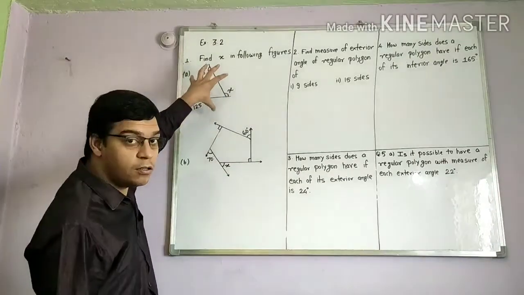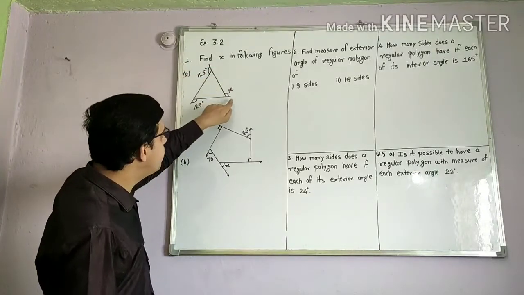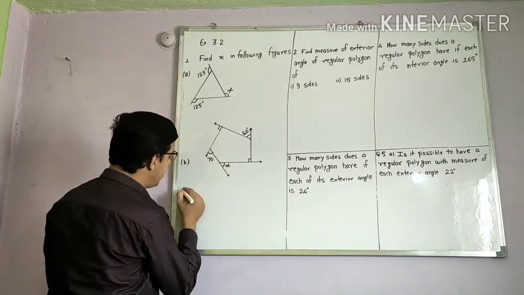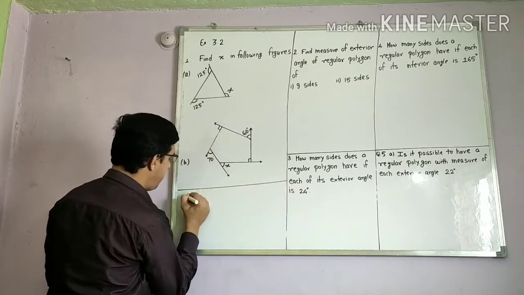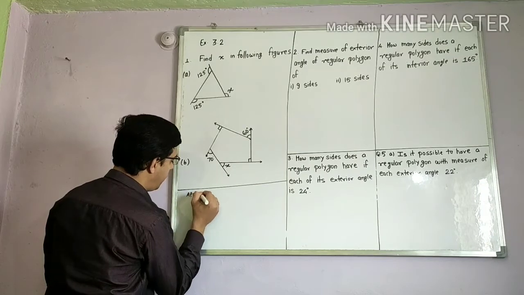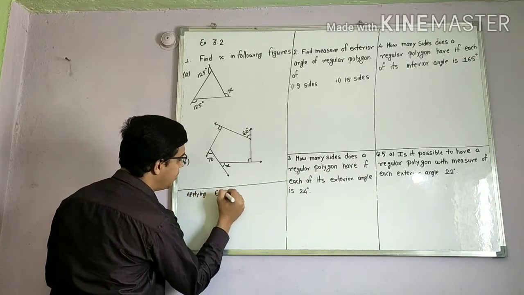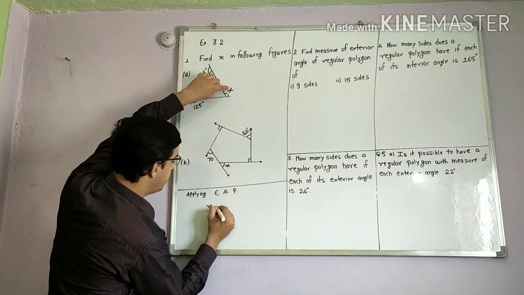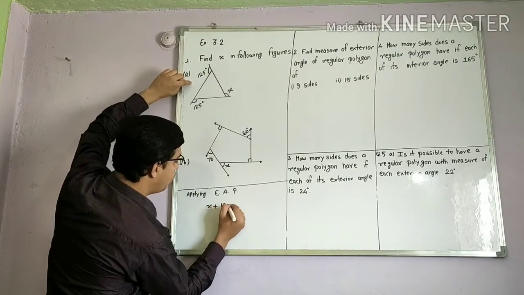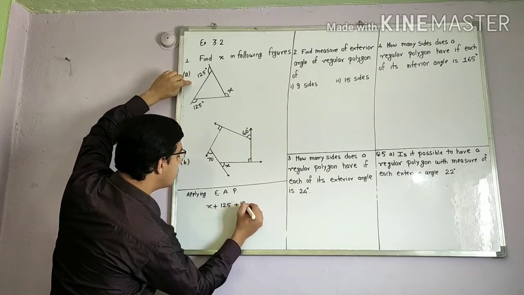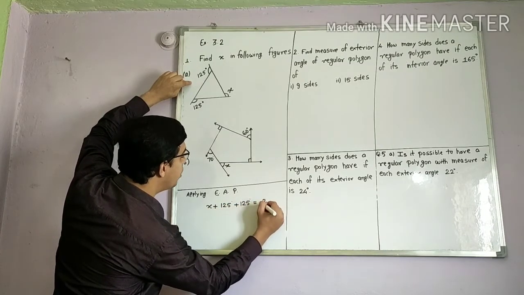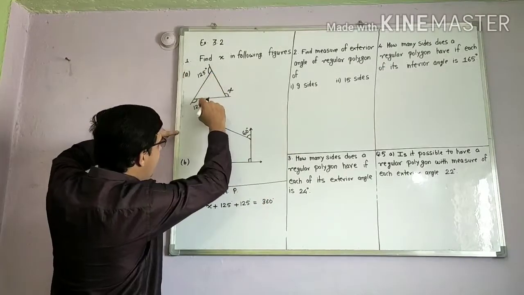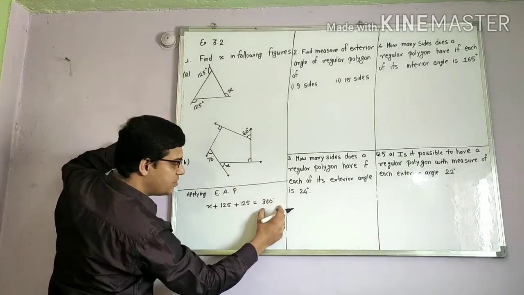So this is a figure. In this we have to find the value of x. So if I apply exterior angle property, then x plus 125 degree plus 125 degree is equal to 360 degree, because the sum of all exterior angles is 360 degree.